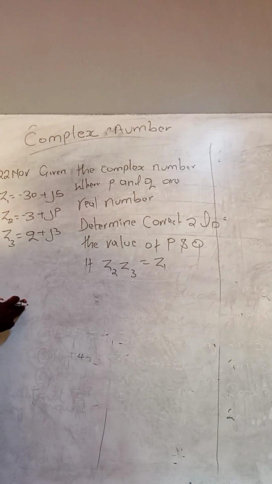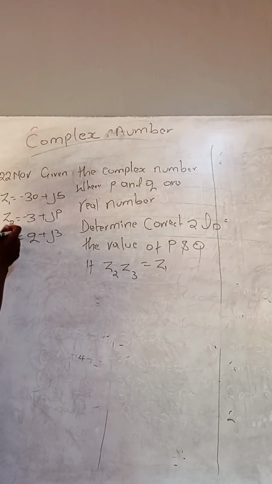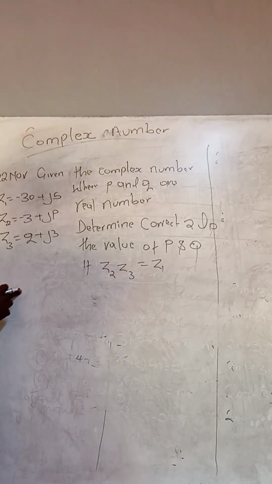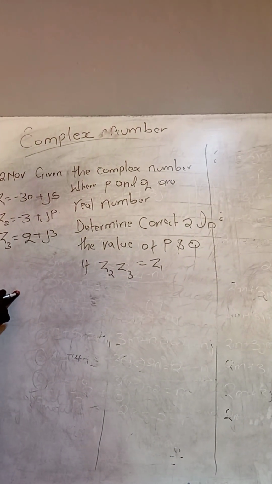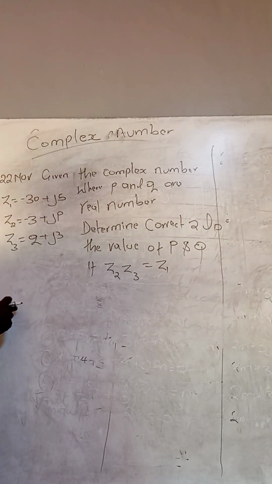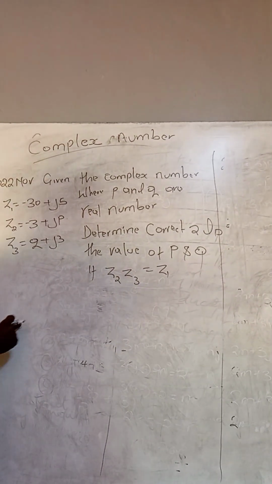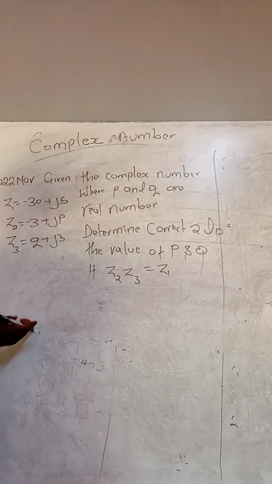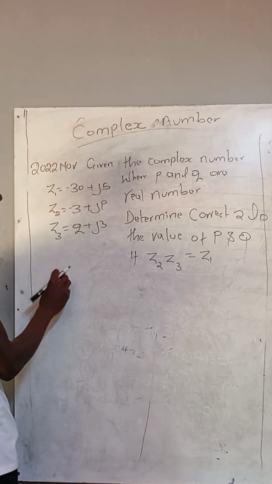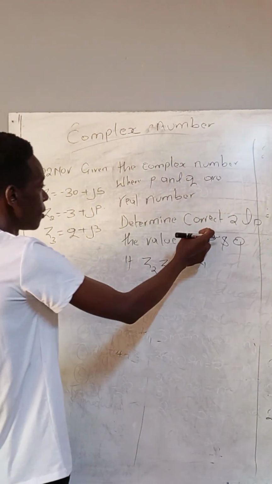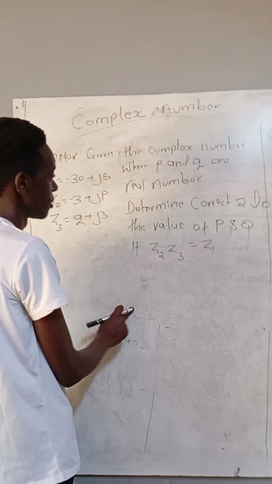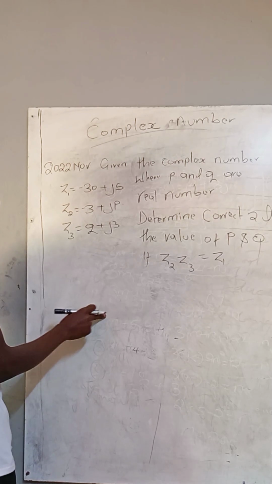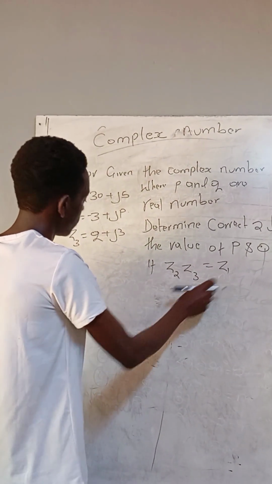Given the complex numbers, z1 is equal to negative 30 plus j5, z2 is equal to negative 3 plus jp, and z3 is equal to q plus j3, where p and q are real numbers. We know that in complex numbers we have real and imaginary parts. So z2 z3 is equal to z1.